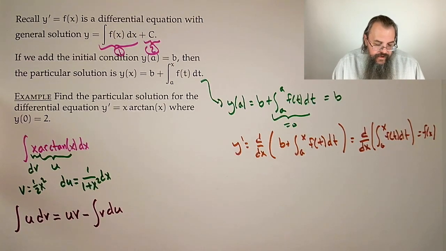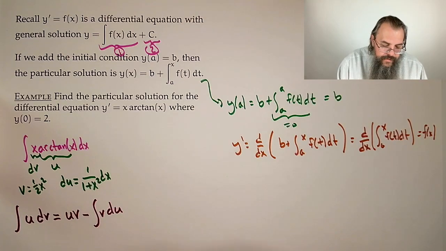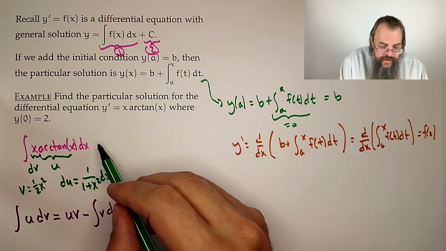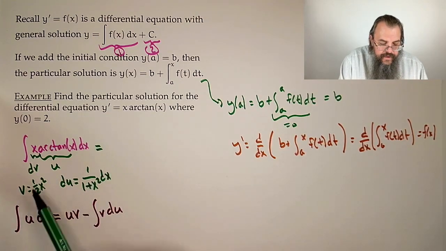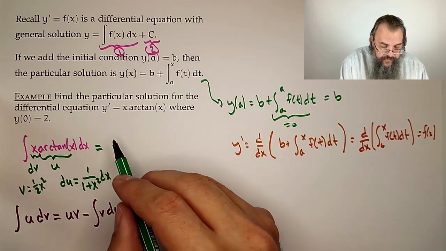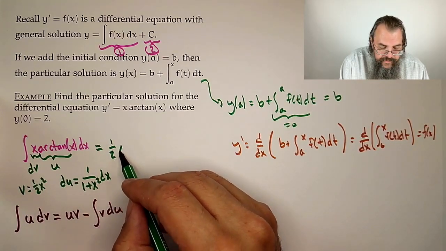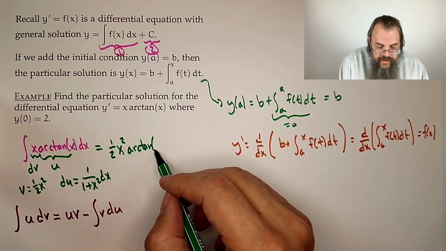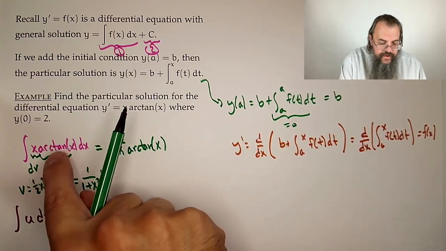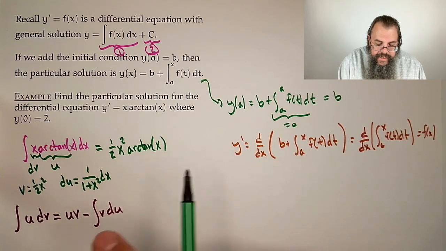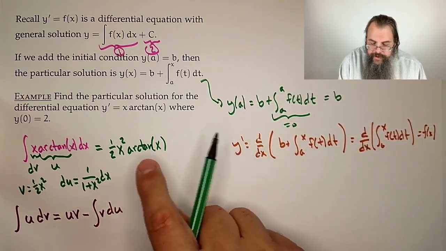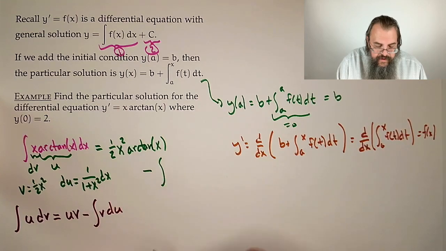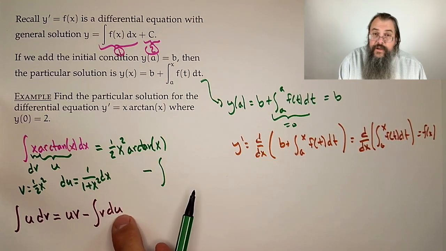All right, so what do we have? According to our rule, this would be equal to u times v, so 1/2 x squared arctangent of x. Okay, good. uv minus, and I'll run out of space, so minus the integral of v du.